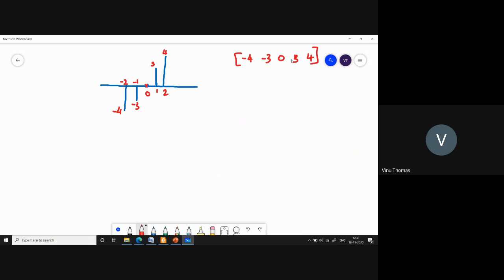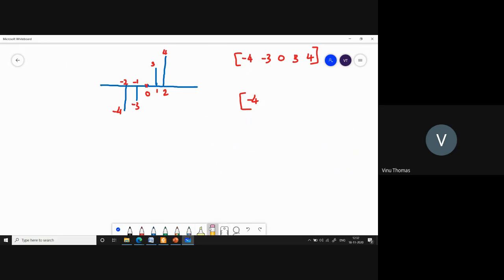This was the original causal anti-symmetric filter that I had originally. And now by shifting this by 3 samples to the left, I have made the point of anti-symmetry at the origin.